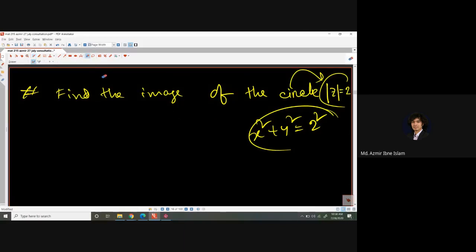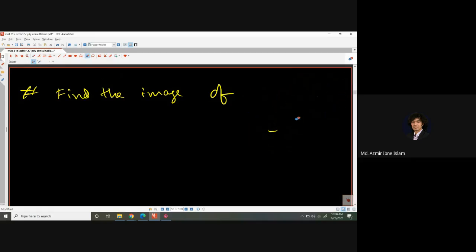Or suppose we don't have the proper information, rather we have to find the image of modulus of z equal to 2. Now you have to understand what it means. It is actually a circle.